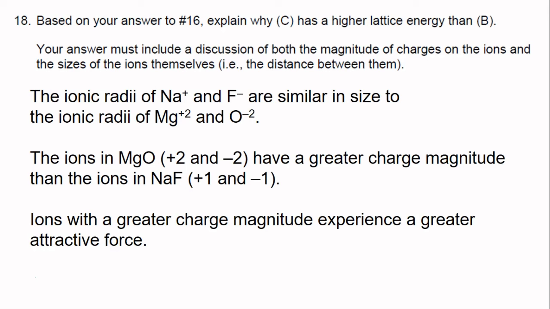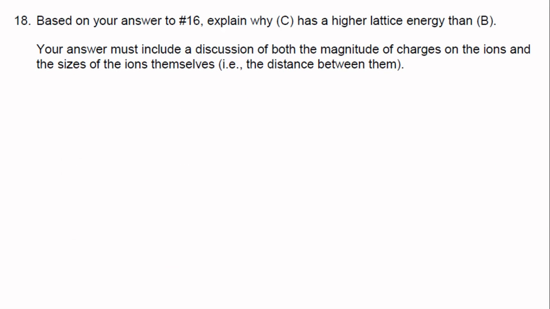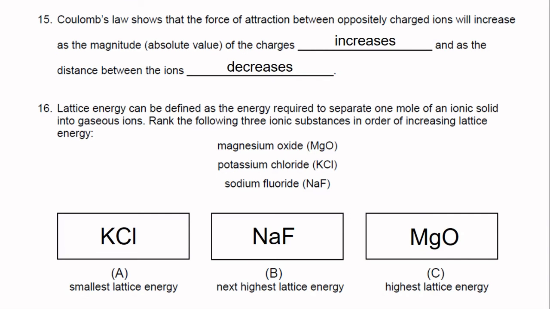But a +2 -2 attraction, magnesium and oxygen, those ions have a greater charge magnitude than in sodium fluoride. So ions with a greater charge magnitude experience a greater attractive force. So again, to summarize, sodium fluoride and potassium chloride, same charge, but sodium fluoride is smaller ions. Sodium fluoride, magnesium oxide, roughly the same distance between the ions, but magnesium oxide has a greater charge magnitude.